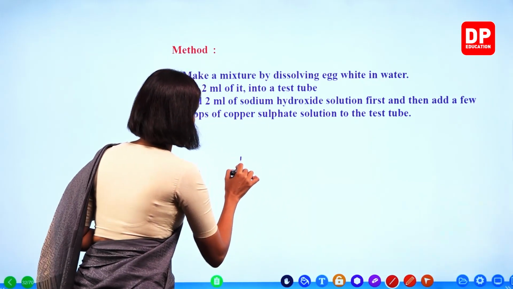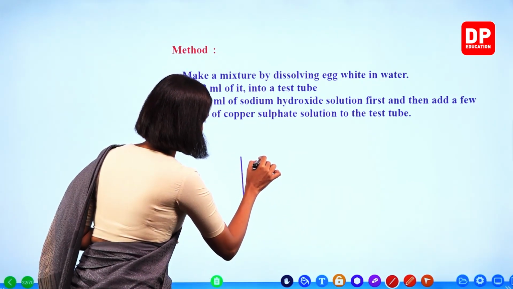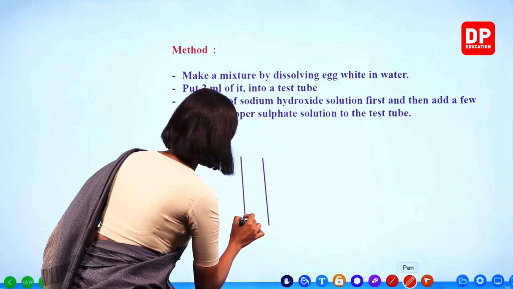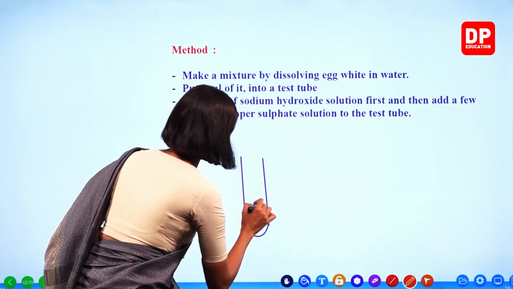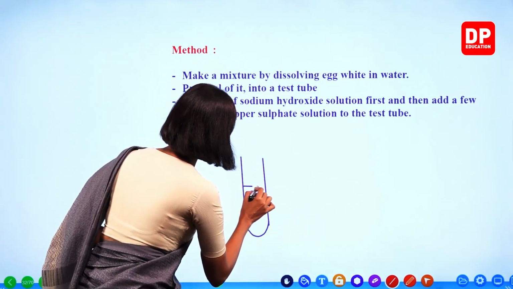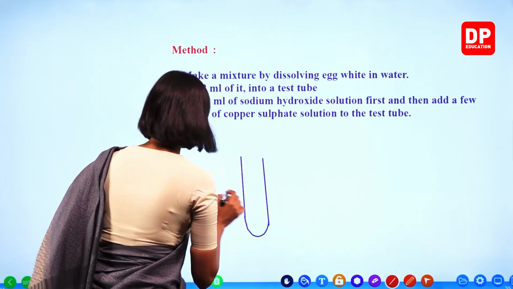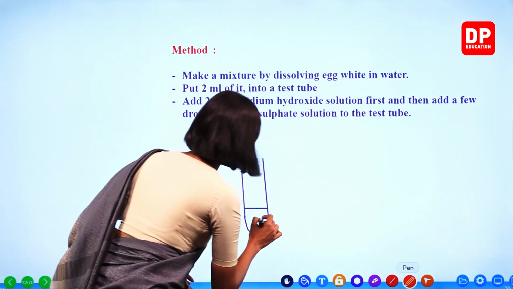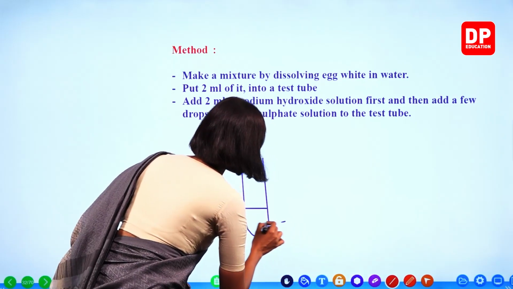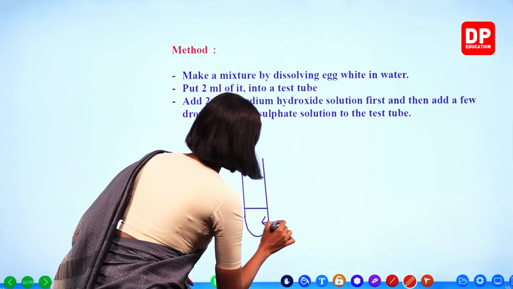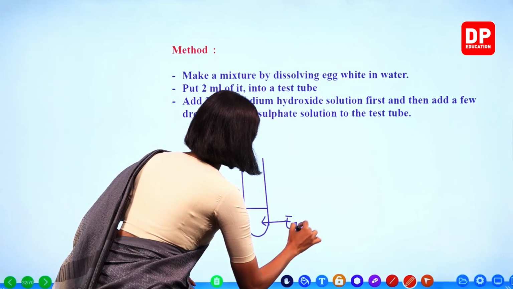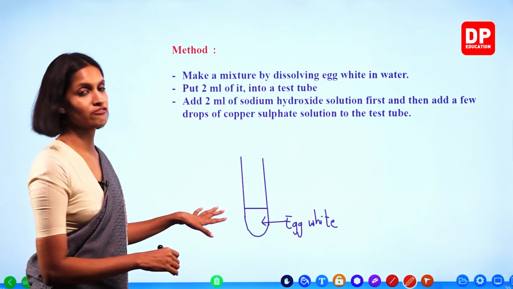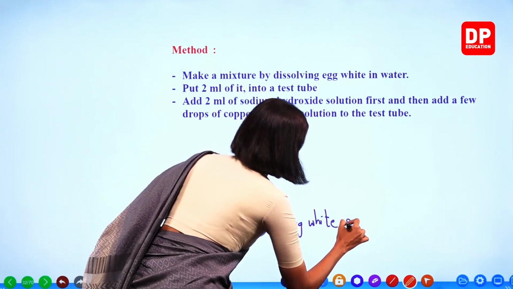Right. So to a test tube with this egg white solution, you consider this is egg white solution, because you prepare it by mixing egg white in water.